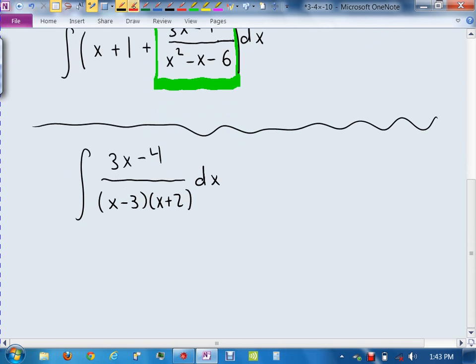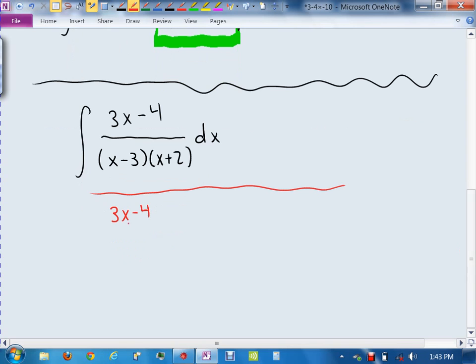So this is where I do need to come in here and say, hey, look, I'm going to come back to the integral. Let me rewrite (3x minus 4) over (x minus 3)(x plus 2). That's going to be equal to some number A over (x minus 3), plus some number B over (x plus 2), right?